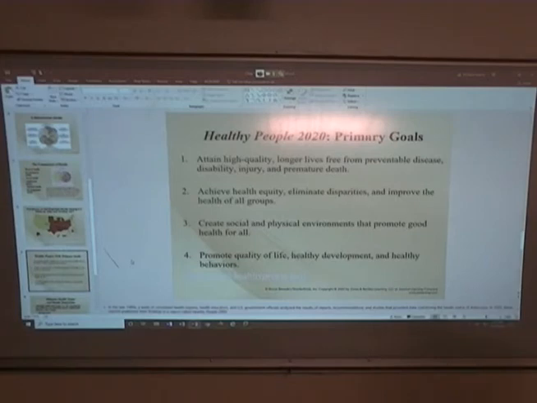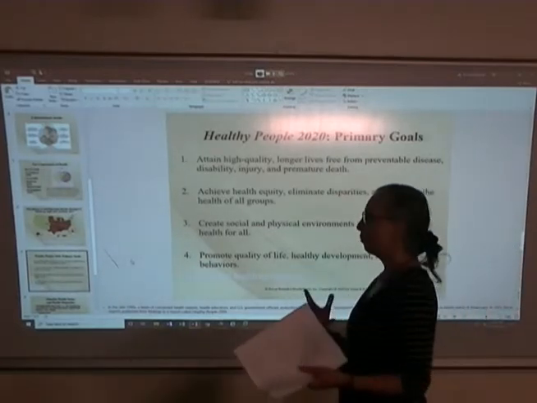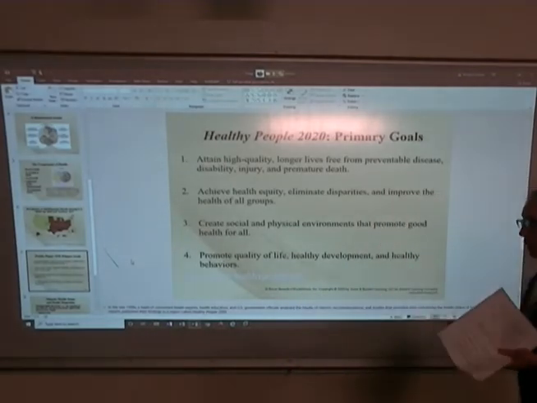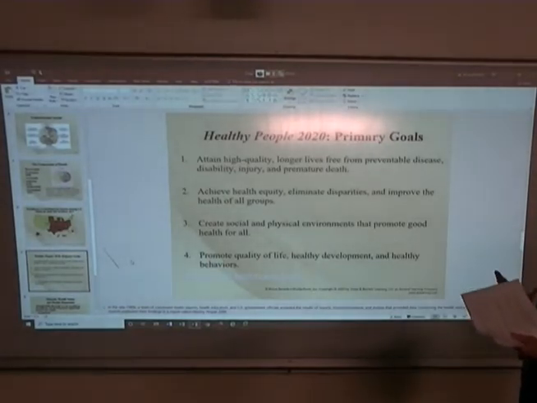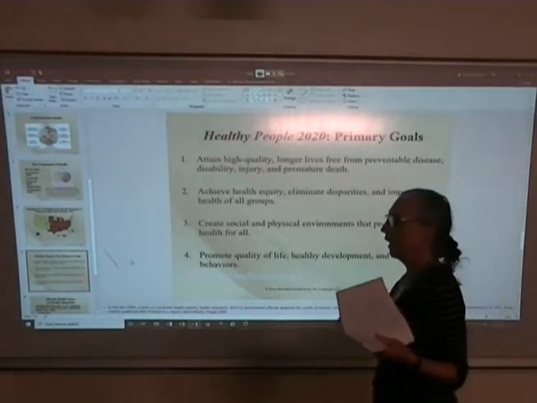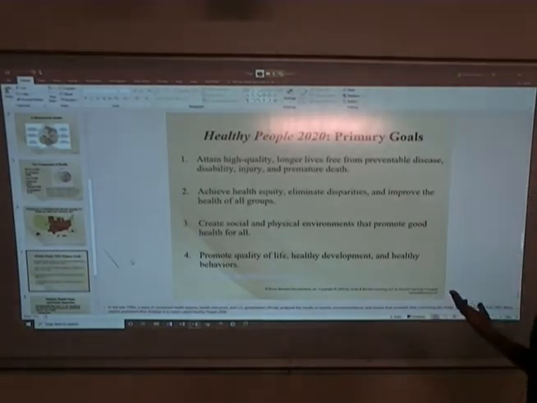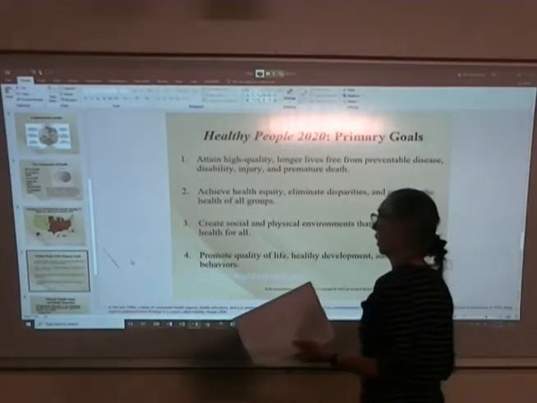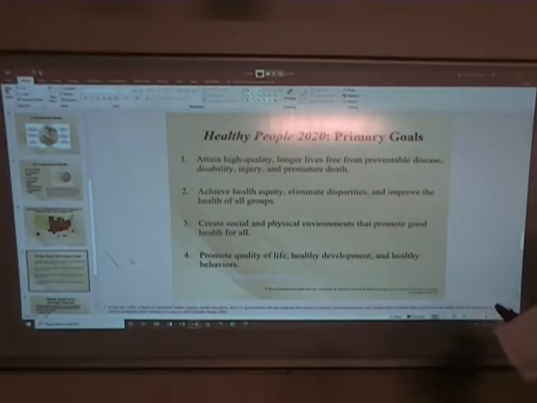Your book goes into some detail about Healthy People 2020, which is a government agency proposal. They started it in 2000. Back in the late 80s, early 90s, especially by 1995, because we had the prevalence maps then, people were starting to go, uh-oh, things are going in the wrong direction here.